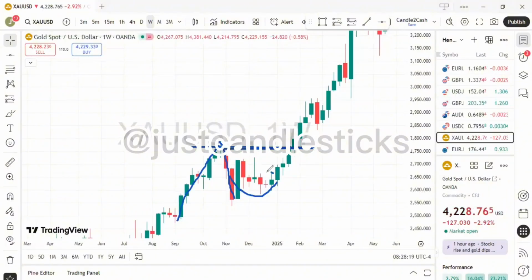Now look at this. This is the first green candle. This is the second green candle. This is the third green candle. So now you have 1, 2, 3 candles, then you can take this candle towards the level. Because like I said, momentum can be taken towards the level or after the level.